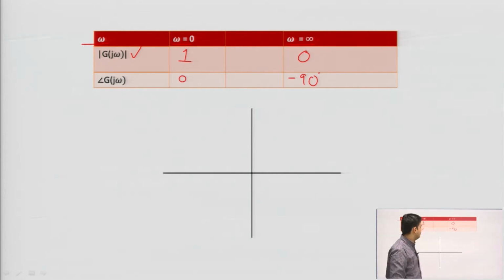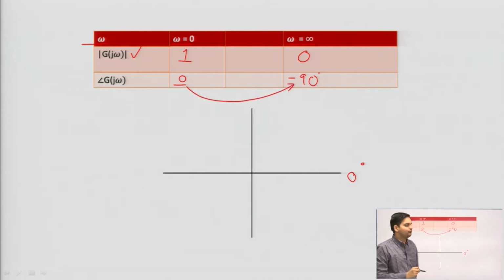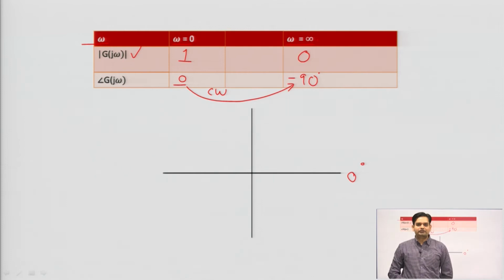Now, see what is happening. Whenever my omega is 0, I am standing at 0 degrees with respect to phase, and we are moving towards minus 90. It means we have to move in the clockwise direction, 0 to minus 90.